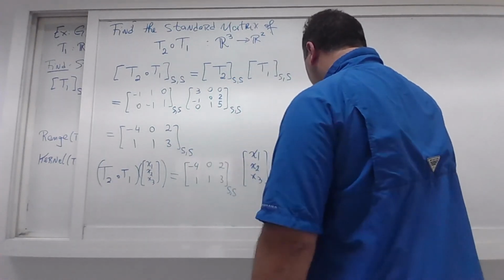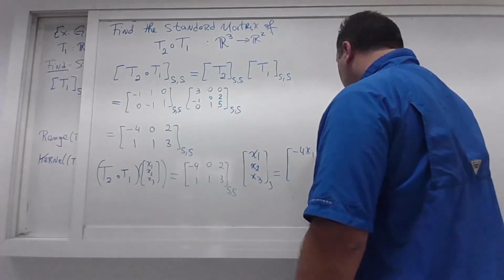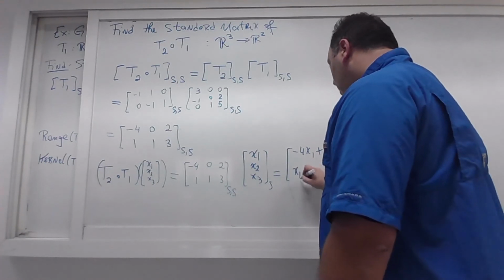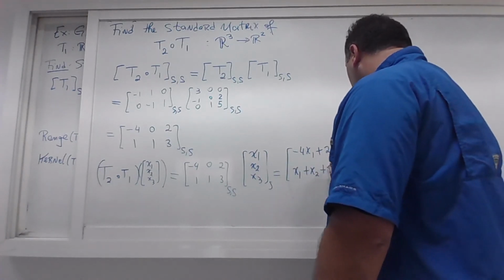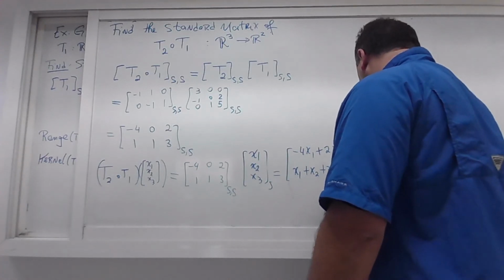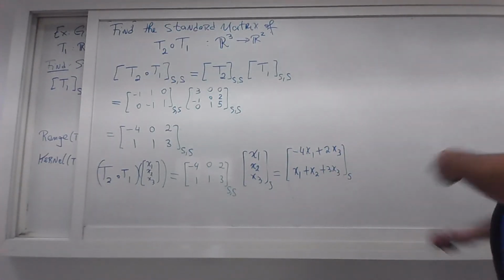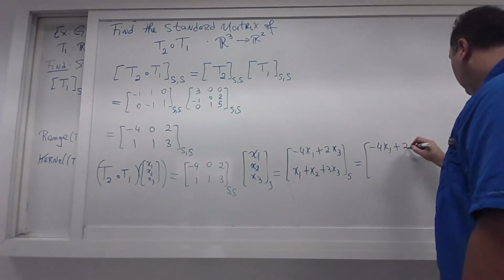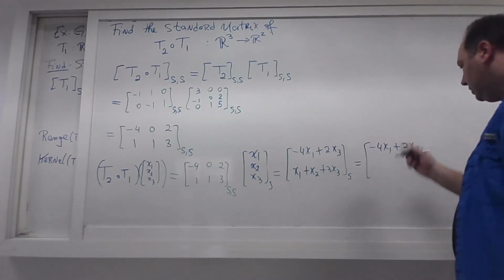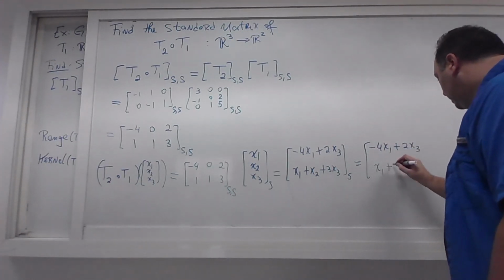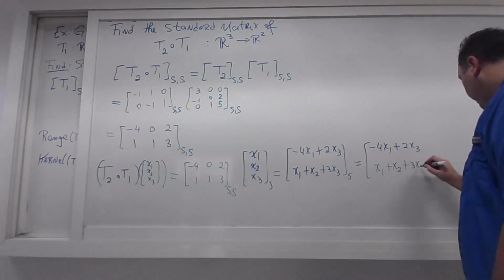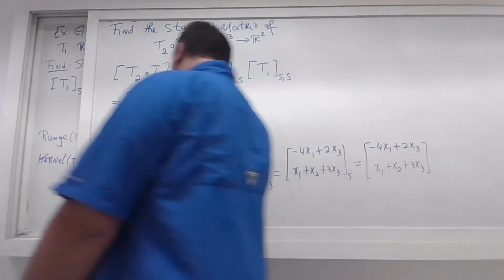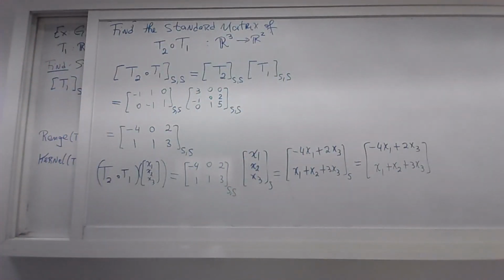So we have -4x1 plus 2x3, and then x1 plus x2 plus 3x3, which is the same as, because these are the coordinates in the standard basis, but the coordinates in the standard basis are the same as the vector itself.